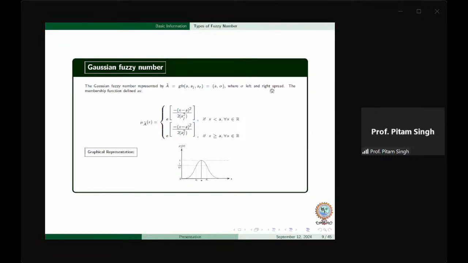So we can consider the standard deviation as left spread and right spread, and define e to the power this, the Gaussian curve, for this part and for this part. This is the Gaussian representation, simple. We can use the Gaussian function as a membership function for Gaussian fuzzy numbers, if we know the standard deviation, as a normal curve.